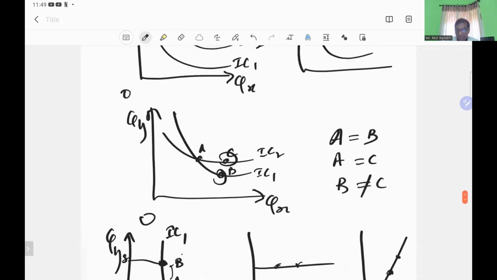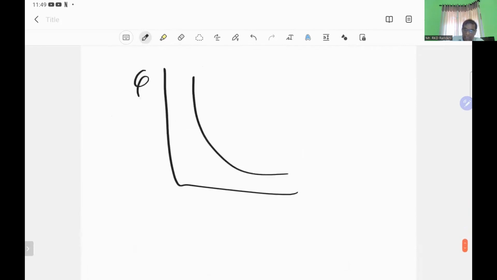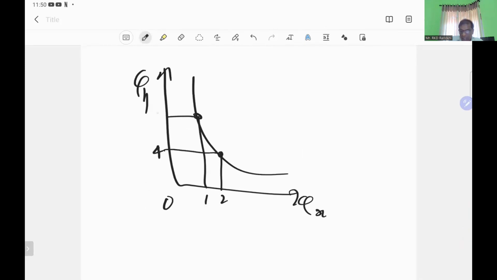But according to the indifference curve, which goes left to right downwards, with quantity Y and quantity X, there are two points. Here we put 1, 2, 4, 6 on the axes. Point A, point B. Now I think of this as fish and vegetables.